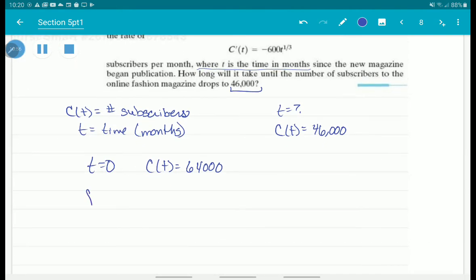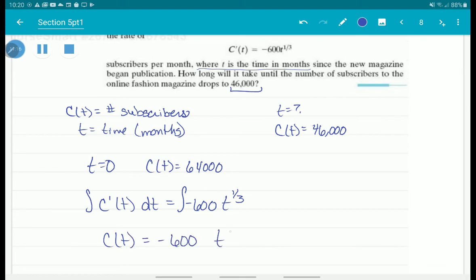Our first step is to integrate our equation. We're integrating with respect to t. When I integrate the derivative, I get the original function back. I'm going to add 1 to the exponent, and I'm going to divide by the new exponent, which is the same thing as multiplying by the reciprocal.